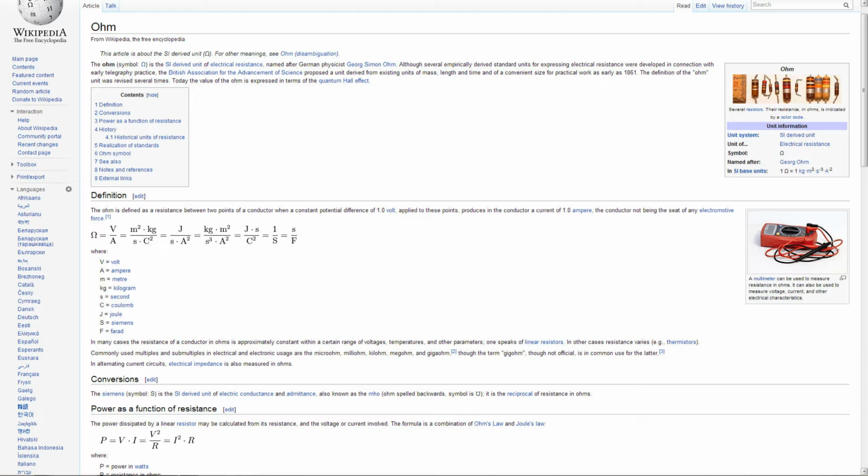So you can see here as a power function, P is the product of voltage times the current, and if you want to solve for the current, we have to divide the voltage squared by the resistance. So that's how we can derive power in a very simple fashion.